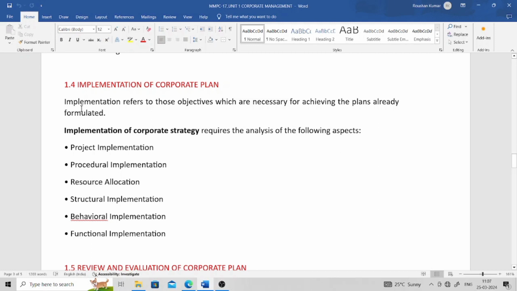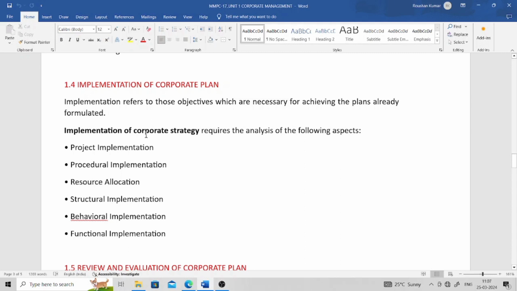Implementation refers to the process which is necessary for achieving the plans which are already formulated. It means whatever plan has been formulated can be achieved by the implementation process.